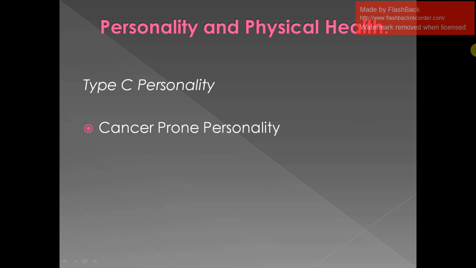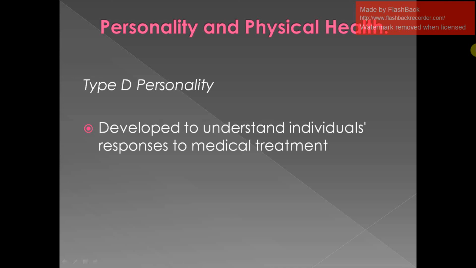Type C personality is used to describe what has been referred to as the cancer-prone personality. Type D personality was developed to help understanding of how individuals respond to surgery, medication, and other clinical outcomes, as well as patients' help-seeking behaviors.